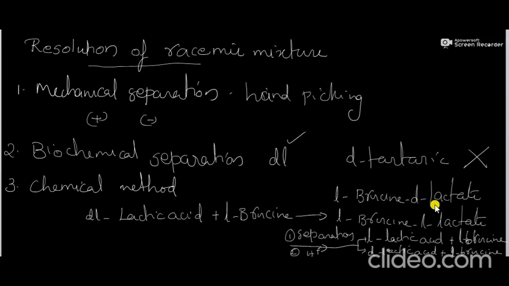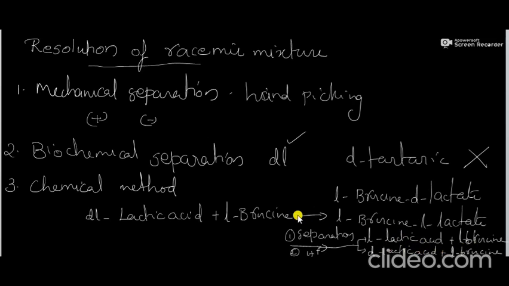The two salts are separated by fractional crystallization and then each is hydrolyzed to get the enantiomers of lactic acid, that is D-lactic acid and L-lactic acid, along with our reagent L-brucine.